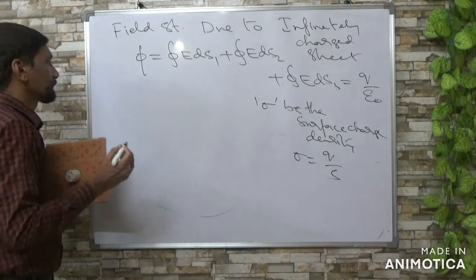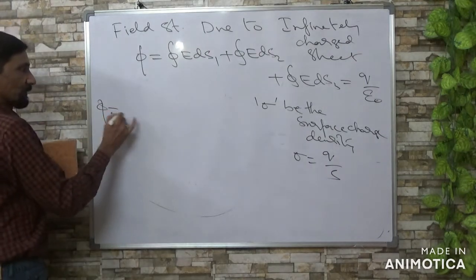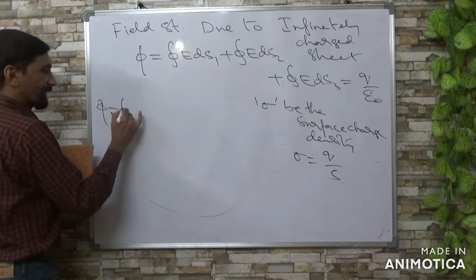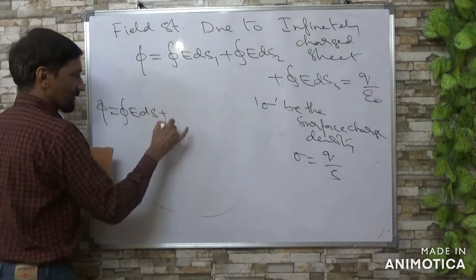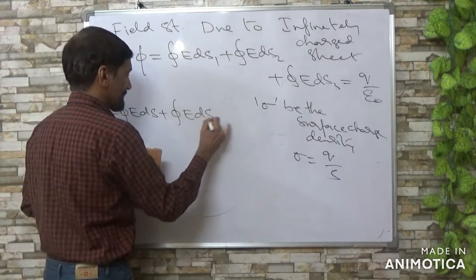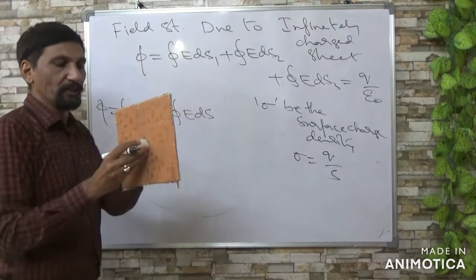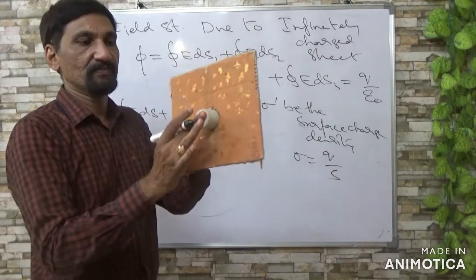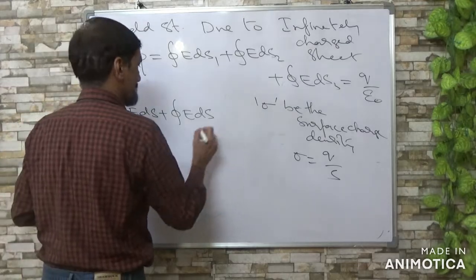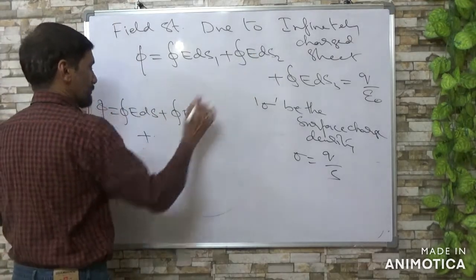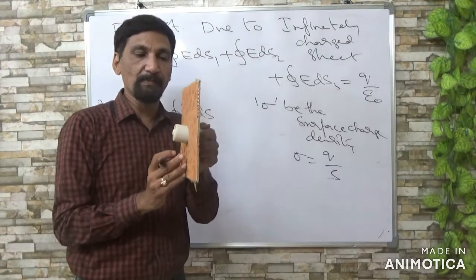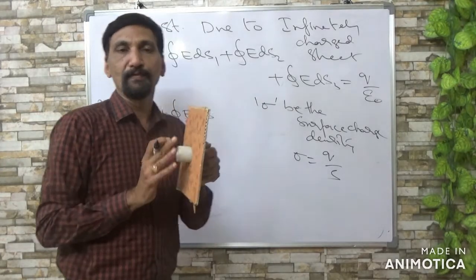So flux is equal to the line integral of E·dS1 plus the second one, the line integral of E·dS2, but both have the same surface, plus the last one, 0, because this surface is perpendicular to the Gaussian surface.